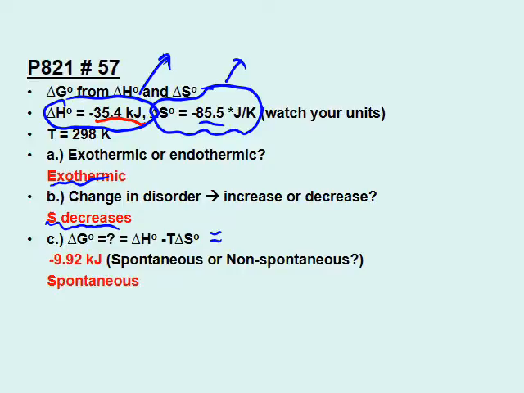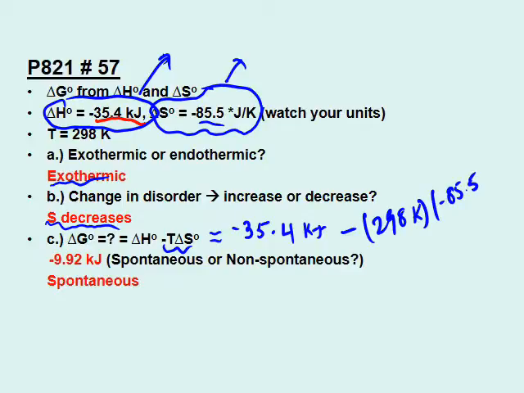So the first one is minus 35.4 kilojoule. Next, the way it appears in that expression, minus T, which is 298 Kelvin, times delta S0, which is minus 85.5.